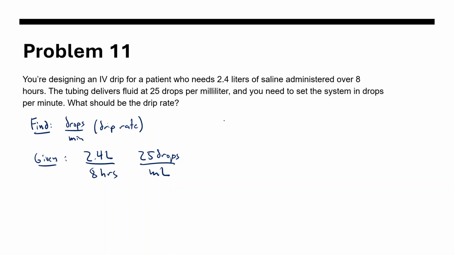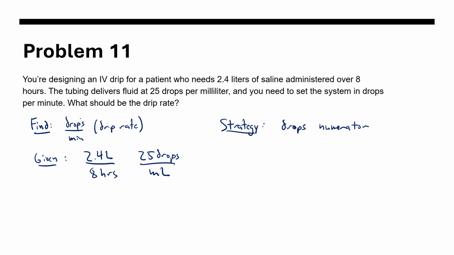So our strategy, as we have talked about before in class, is to start from what we're trying to find and work our way there using conversions and our givens. So we need to start with drops. Drops has got to be in the numerator.